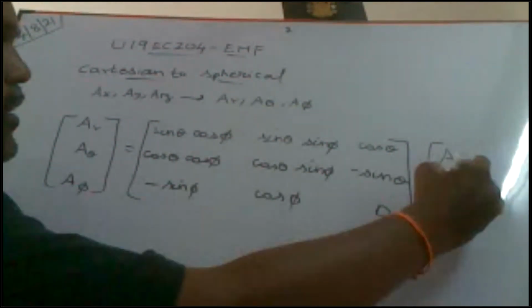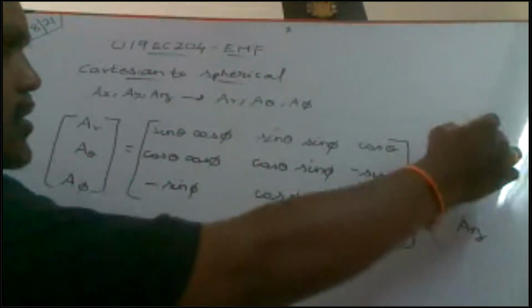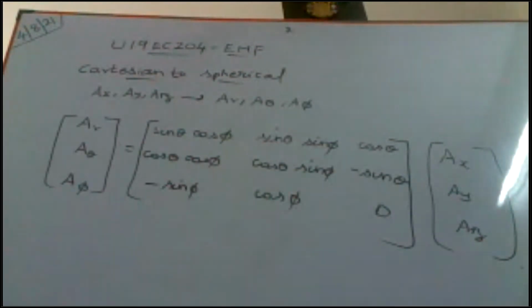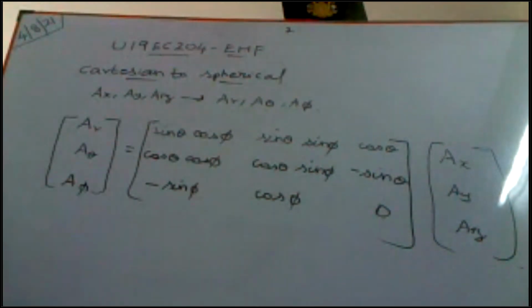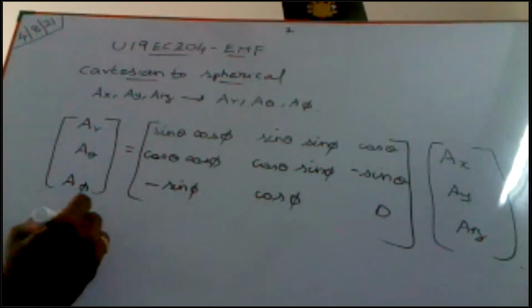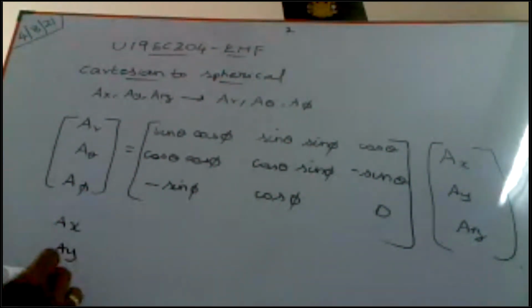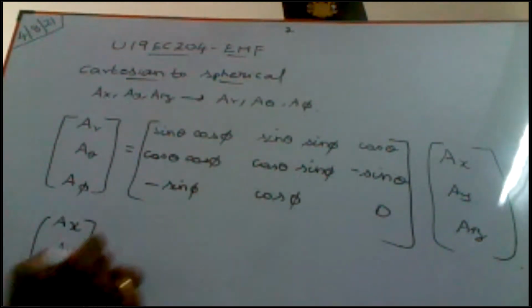The given matrix is Ax, Ay, Az. So this is the formula set. Okay, here also if you take the inverse, we can get the remaining thing. By taking the inverse, I can find Ax, Ay, Az.